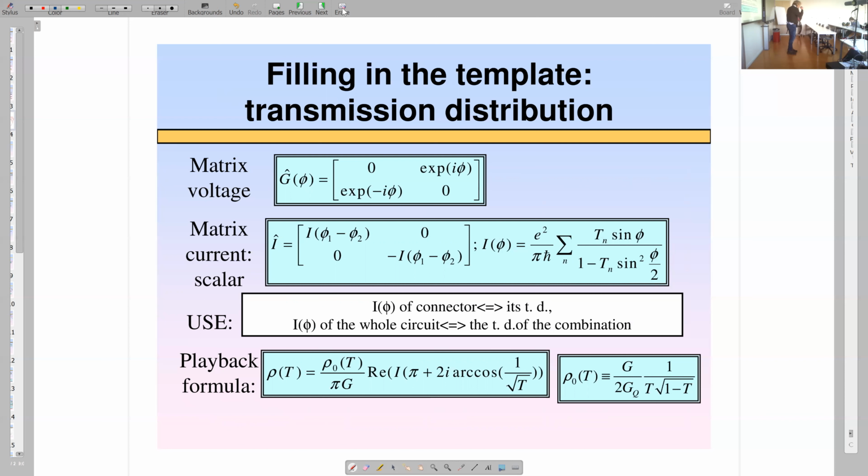There are some things in physics which don't have physical meaning, but help us to understand the physics. So what do I do? I would write a matrix, the simplest matrix.